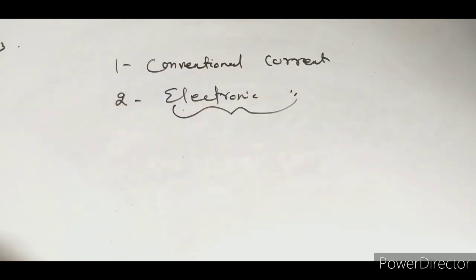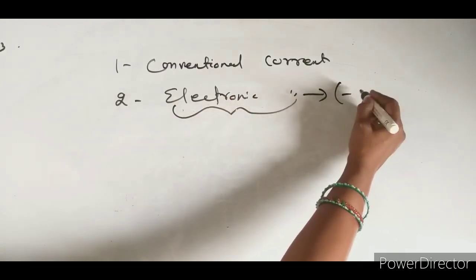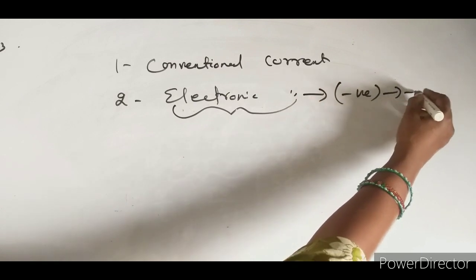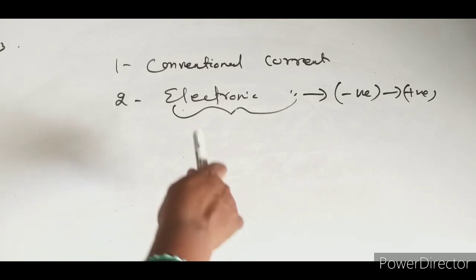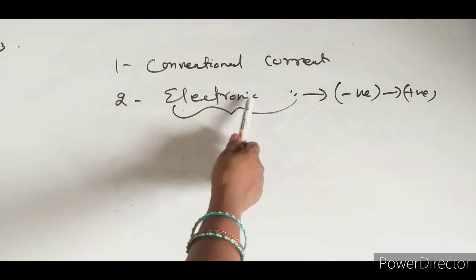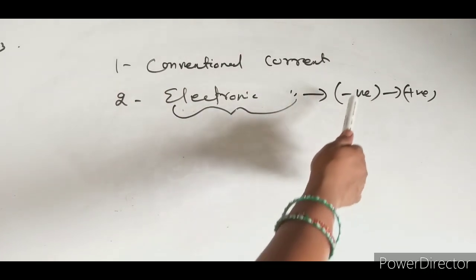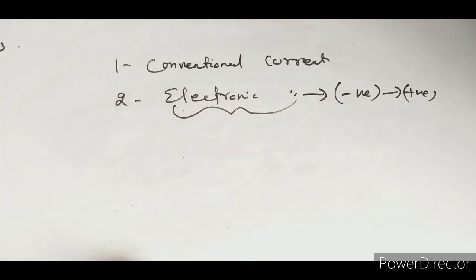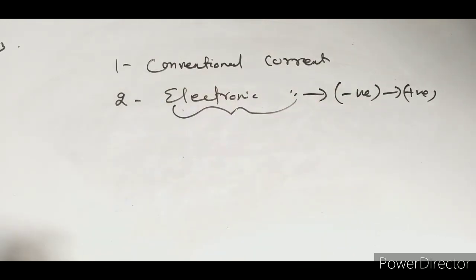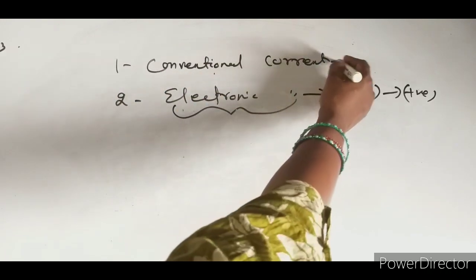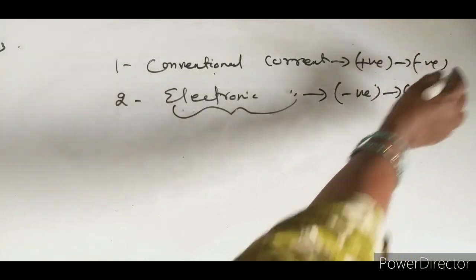This electronic current is the flow of electrons. It always flows from the negative potential towards the positive potential. Electronic current flows from high concentration of electrons to low concentration of electrons. As the cathode is the bank of electrons, this electronic current flows from the negative to the positive terminal. So what is conventional current? This conventional current always flows from the positive terminal to the negative terminal.